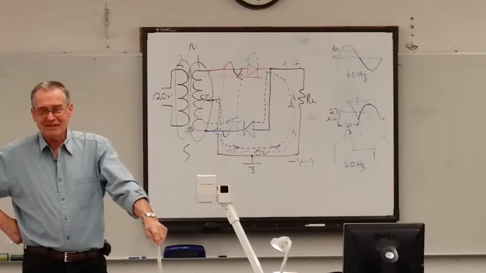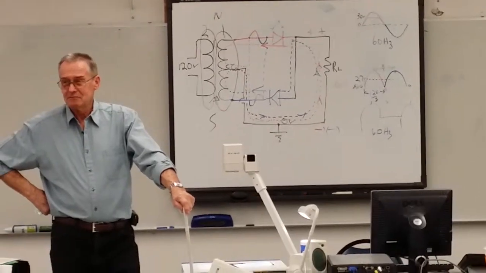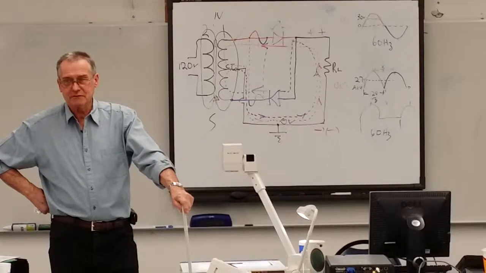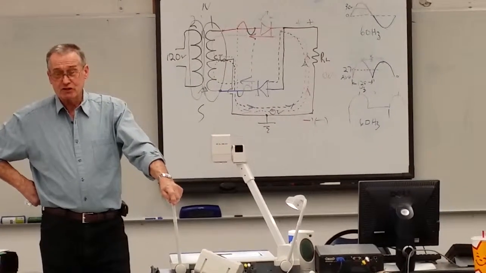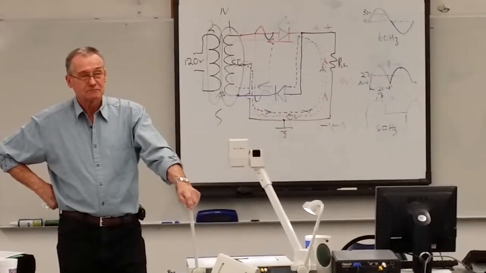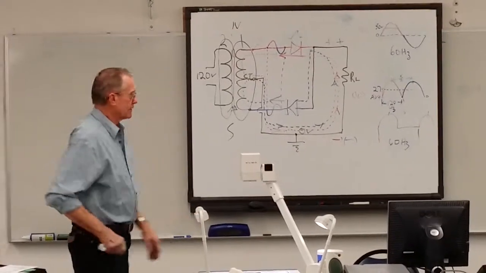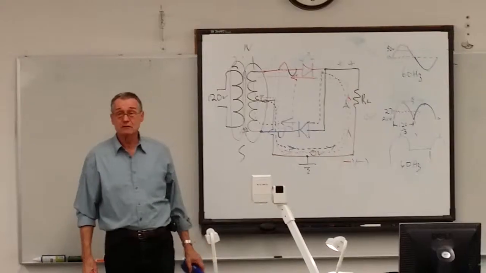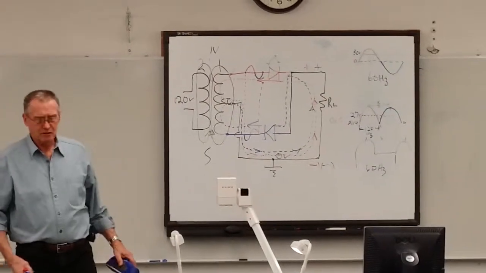Putting diodes in is one of the cheapest things you can do to the circuit. Diodes are like 10-cent items, so they're cheap. The transformer's not really much more expensive than the capacitor. We're talking about small ones.